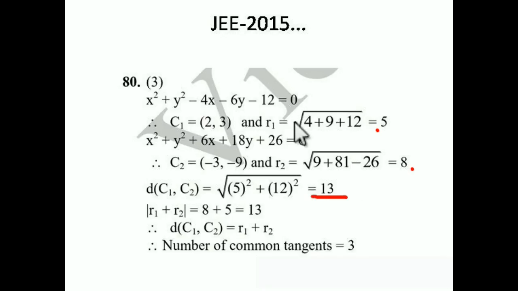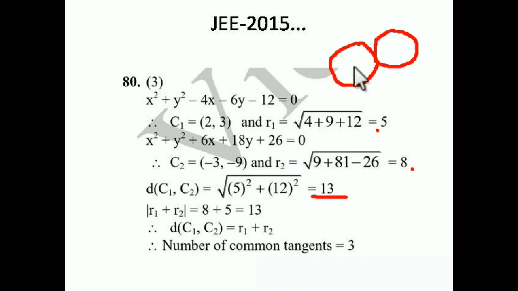Now the summation of radii, that means R1 plus R2, is 8 plus 5, which is also 13. That means the distance between the centers and the sum of the radii are equal. That means these circles touch externally like this. If the distance between the centers and the sum of the radii are equal, that means the circles touch externally.